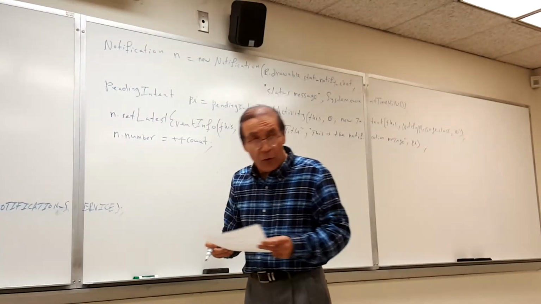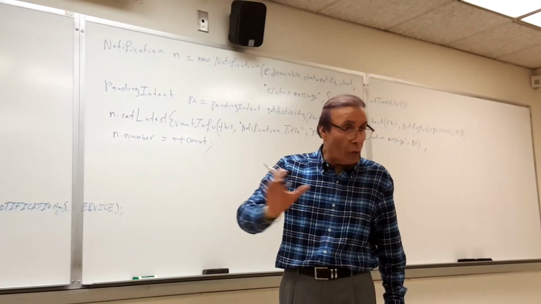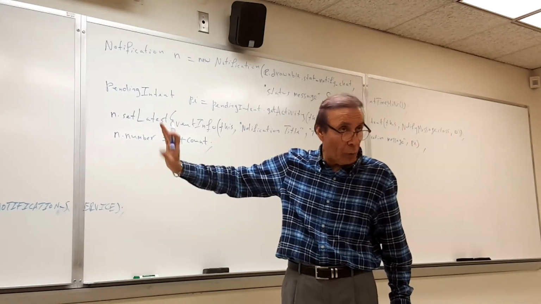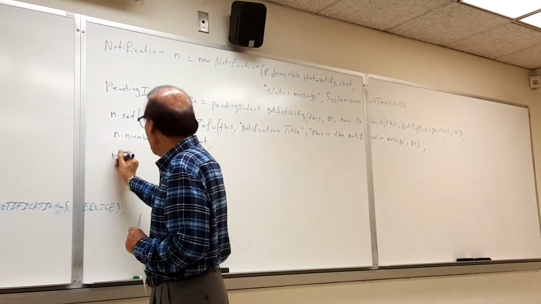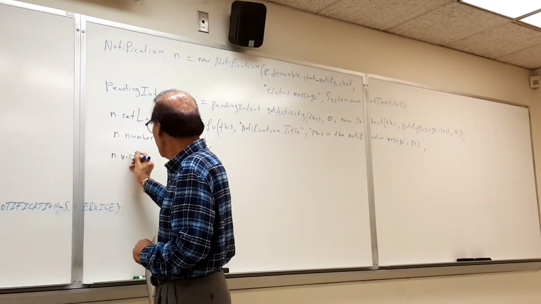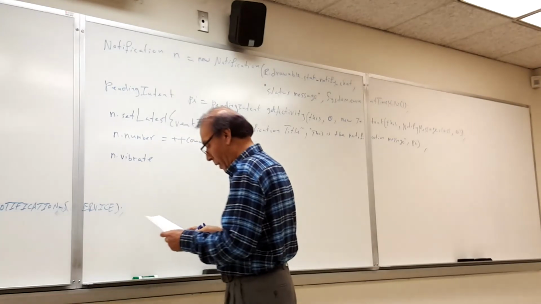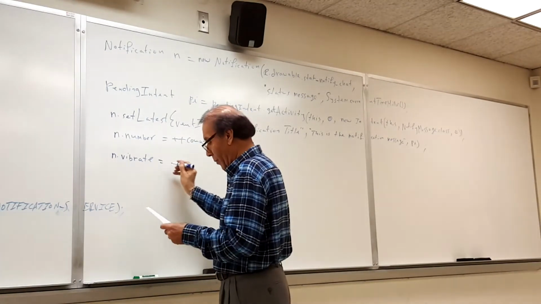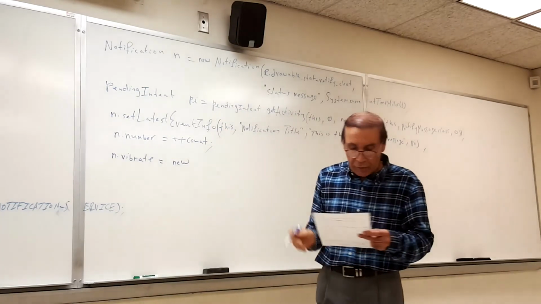Okay. If you want to create vibration, okay? If you don't want to, you could just finish. But if you want to create vibration also, you're going to use n dot vibrate. In order to create vibration, you need to do the following.